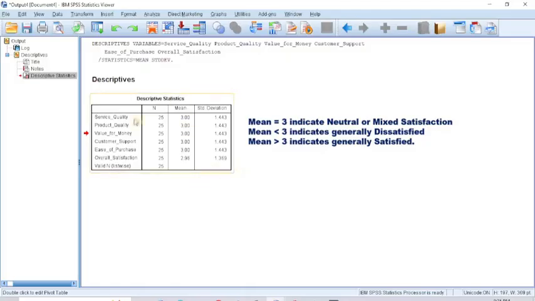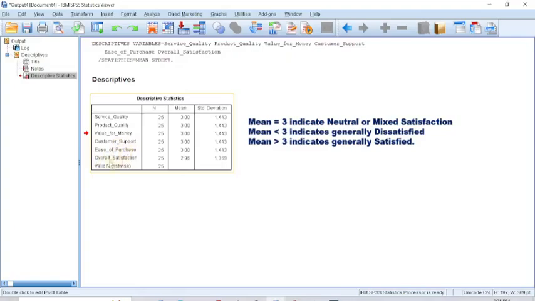As you can see from this table, the mean values range from 2.96 to 3.00. A mean value of 3.00 indicates a neutral average response from customers, meaning that the respondents neither agree nor disagree that they are satisfied with the service quality, product quality, value for money, customer support, and ease of purchase.